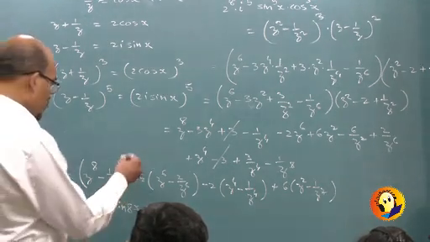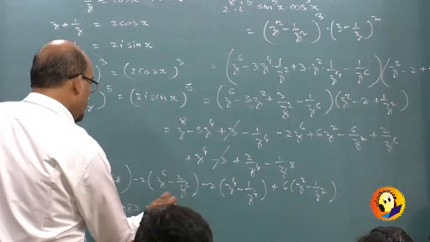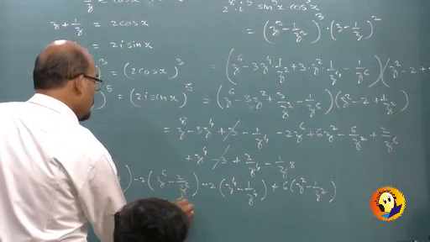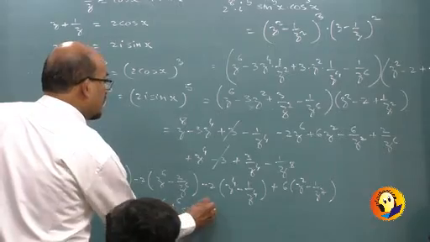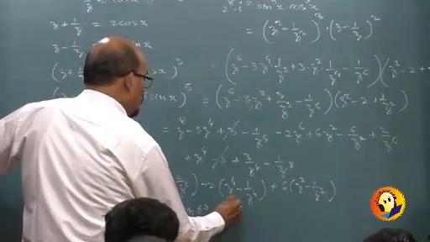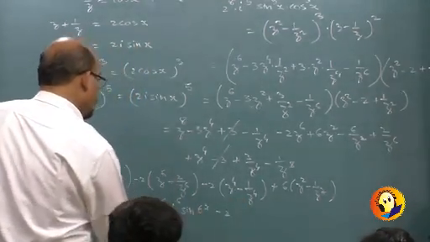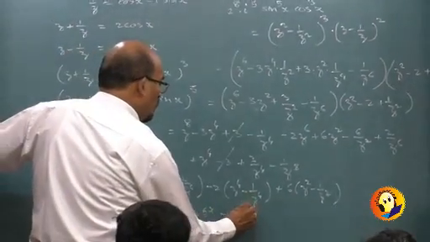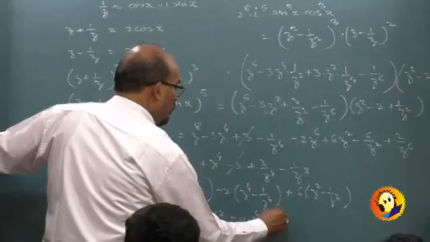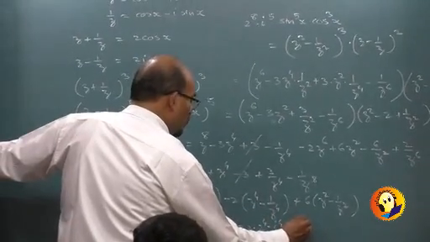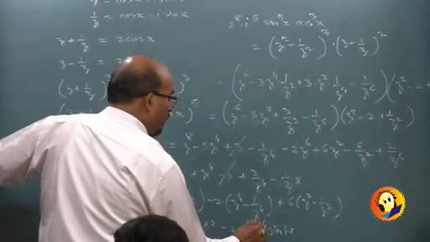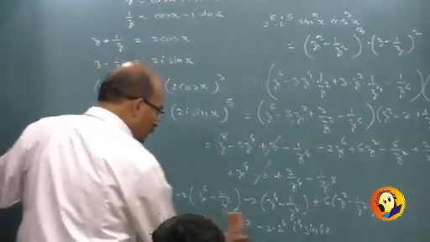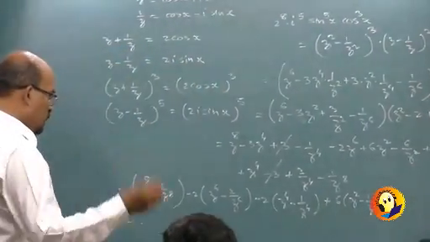I am a bit confused. 2 raised to 6 i raised to 6 sine of 6x minus, this is 2 into, minus 2 into 2 raised to 4 i raised to 4 sine of 4x. Sorry, that's why I got confused.